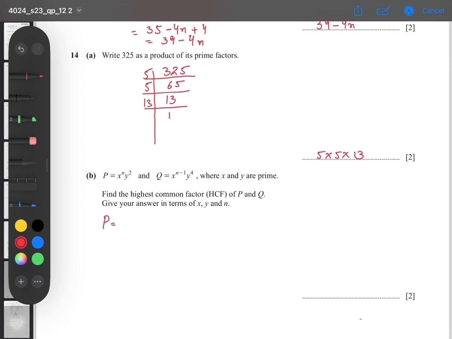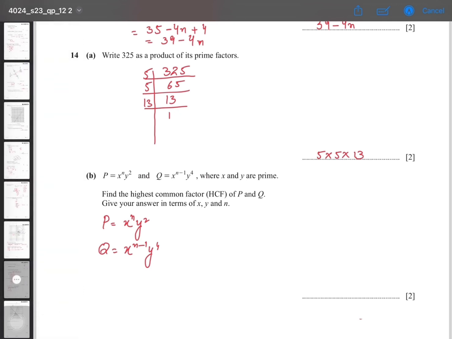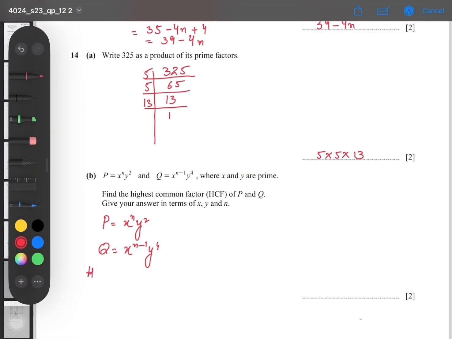So P is equal to x raised n y squared and Q is equal to x raised n minus 1 y raised 4. So we know that HCF is the least power of the variable or any number. So if we see carefully, x raised n minus 1 is the least power compared to x raised n, and y raised 2 is smaller than y raised 4.